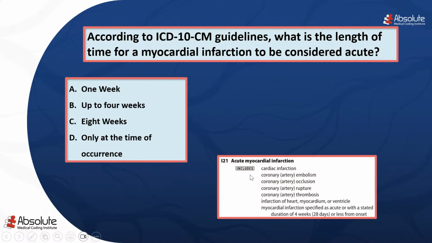This is just going to be the code for acute myocardial infarction, but what is the length of time for it to be considered acute? Is it A, up to 1 week, B, up to 4 weeks, C, 8 weeks, or D, only at the time of occurrence? I'll give you guys about a minute and good luck.